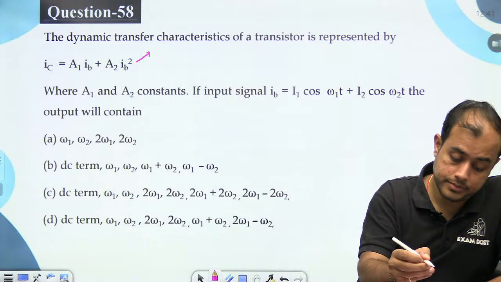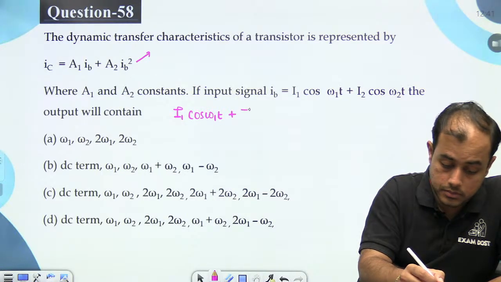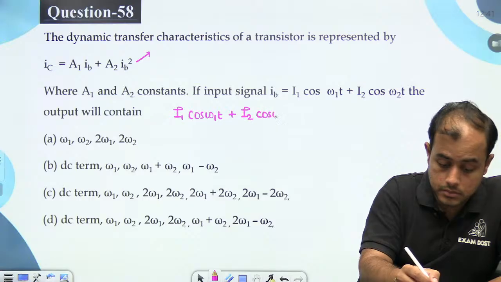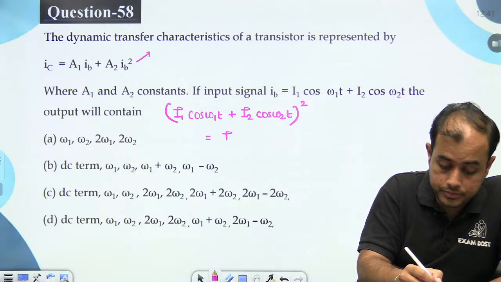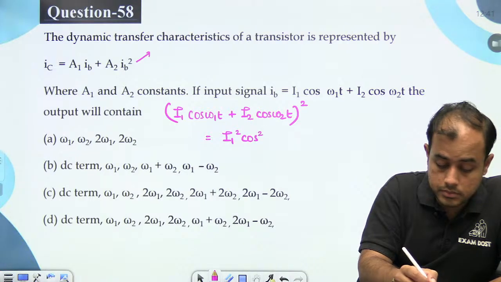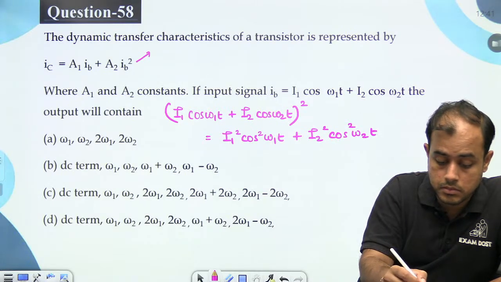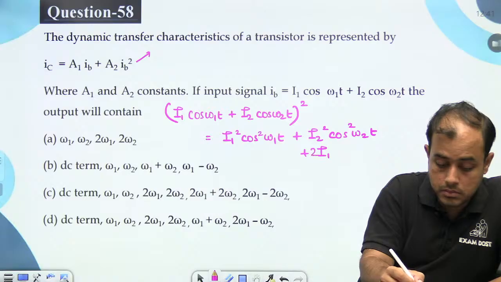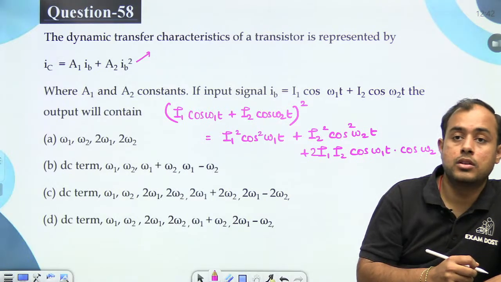Due to square, A plus B square, cos omega 1t cos omega 2t. Okay.